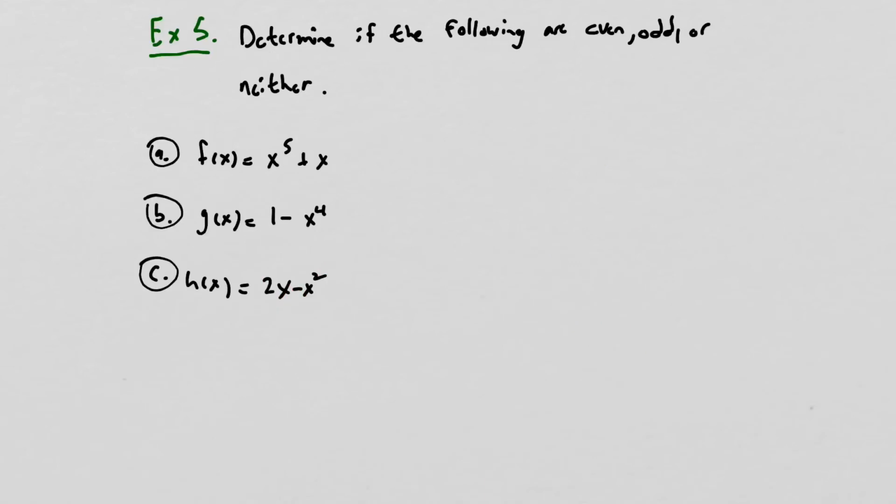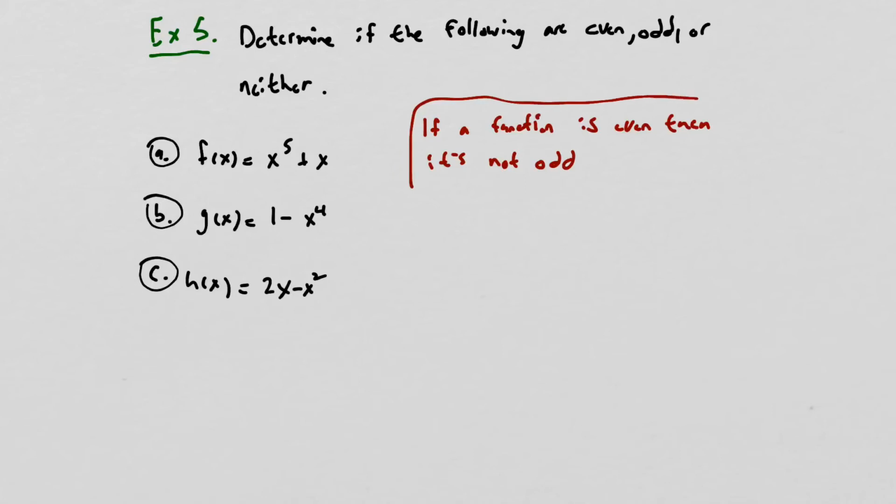It tells us that if a function is even, then it's not odd. And this is going to be true in almost every case. In the very same way, if a function is odd, then it's not going to be even. The only exception, I believe, is going to be the constant function 0.